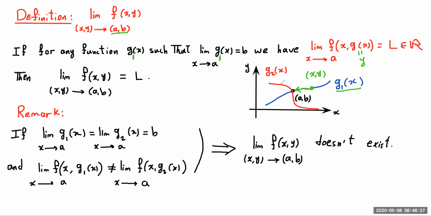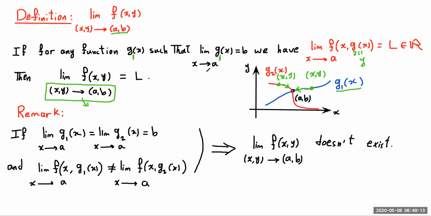And also if I choose any other function g2 and I take any point (x,y) on g2 approaching (a,b), the limit of f(x,g2(x)) will also be L. In this case, the limit of f(x,y) will be this real number L, because in any direction I choose, the limit will always be L. So this means (x,y) approaches (a,b) in any direction, not only from right and left.